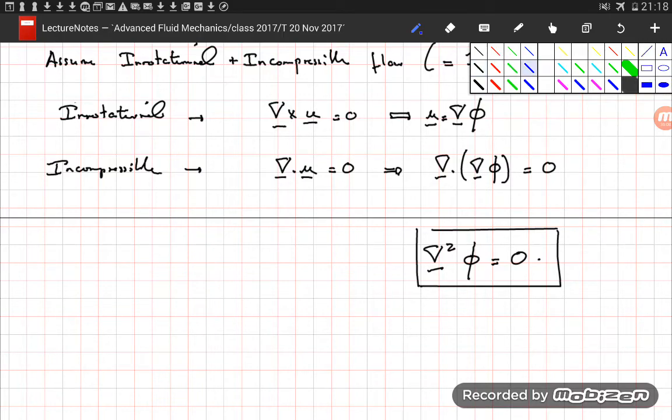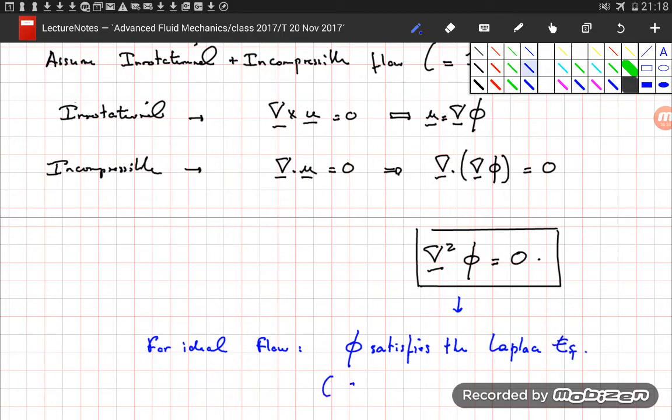So this is a very important observation. For ideal flows, our velocity potential phi satisfies the Laplace equation. In other words, phi is a harmonic function.